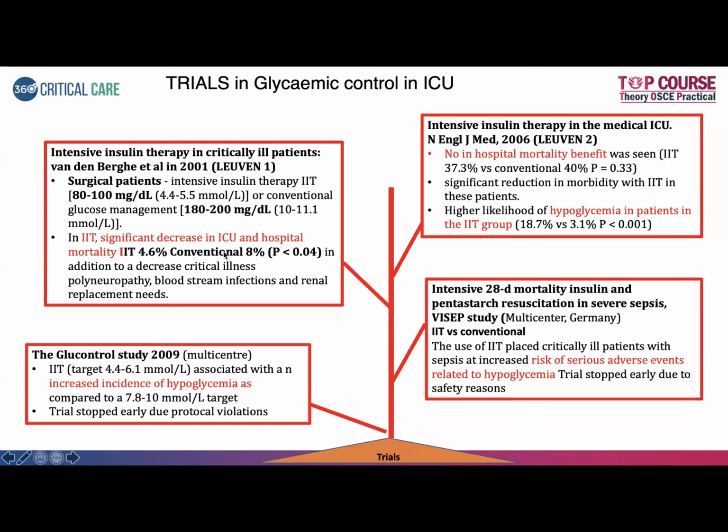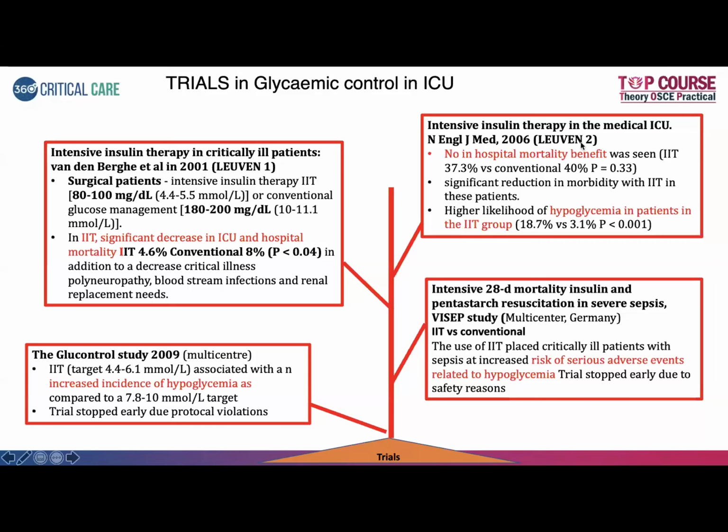They found that intense insulin therapy showed a significant decrease in mortality. It was beneficial, okay? Decrease in ICU as well as hospital mortality. So it was 4.6% versus 8%. It also decreased critical illness polyneuropathy, bloodstream infections, and renal replacement needs. So all these things were decreased.